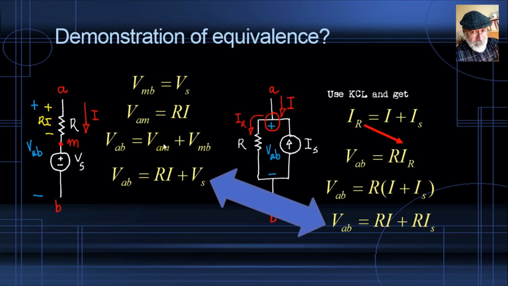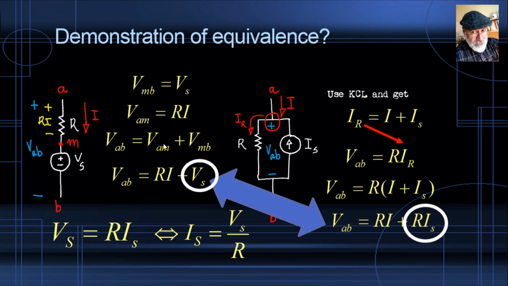But for them to be the same, obviously, these two terms need to be equal. Vs has to be RIs, or what is the same, Is is Vs divided by R, which is what we wanted to demonstrate. To achieve equivalence, that is the relationship between the value of the voltage source and the value of the current source.